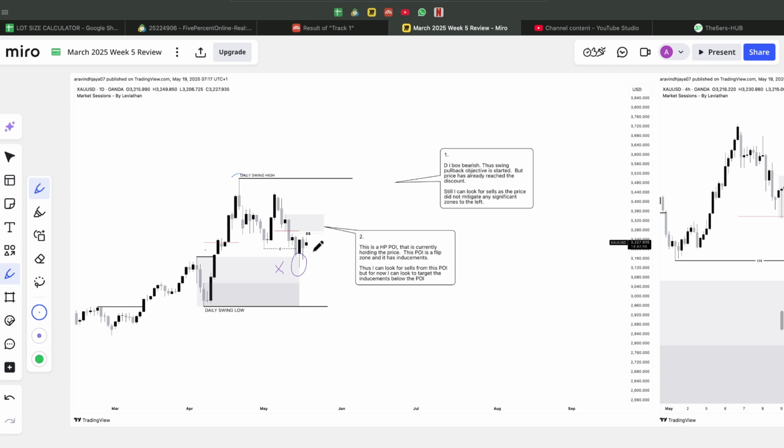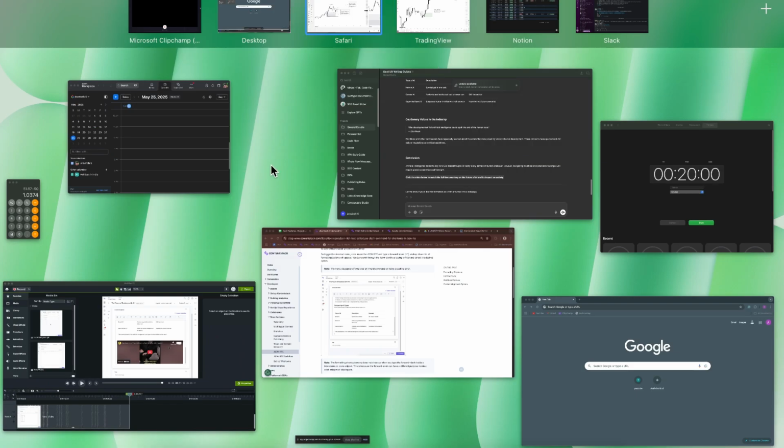So what I can expect is price can push up and take out this buy side liquidity, and mitigate into the supply. Two things can happen in the supply. Price can either respect the supply, push further down, make another bearish move and continue the bearish internal structure, or the price can give a fake reaction and flip this supply zone to continue pushing up to take out the weak daily swing high. So two things can happen on this day.